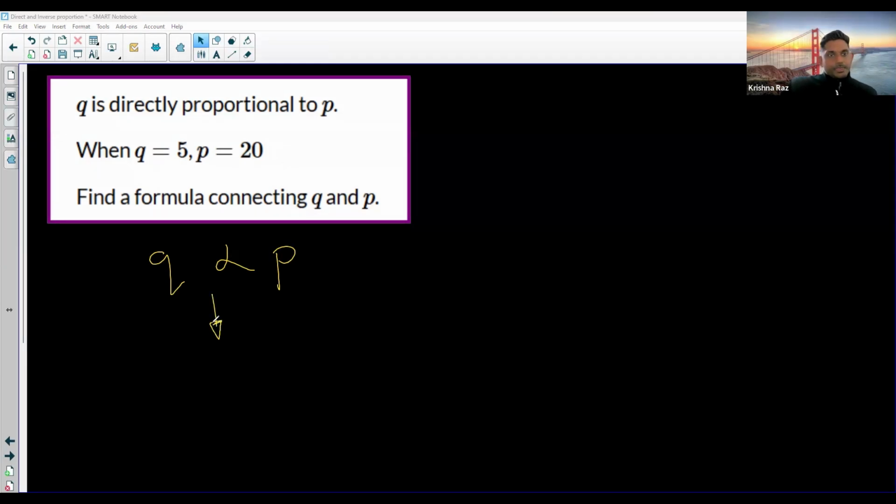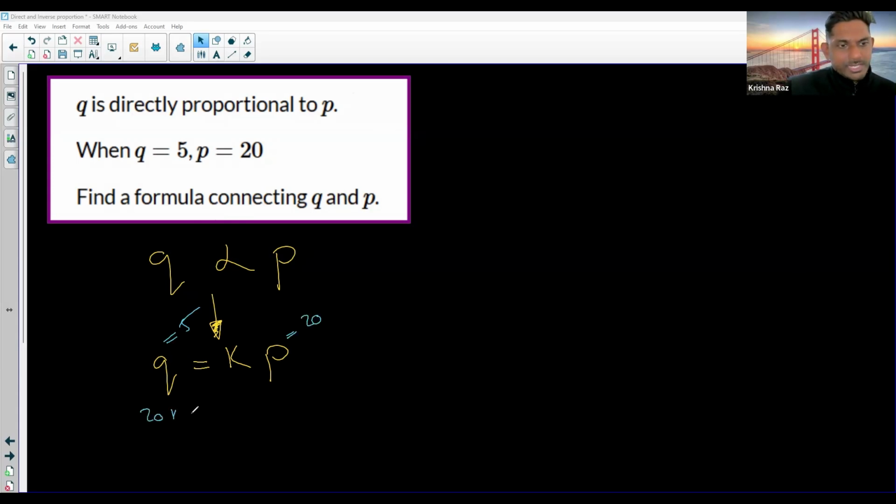Now, we get rid of the fish by putting a K in and an equals. So in these questions, we then need to figure out what that constant is. And that's why we've been given some information. So we're told Q is 5 when P is 20.